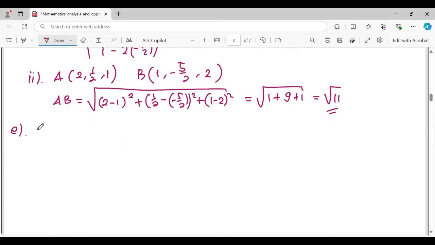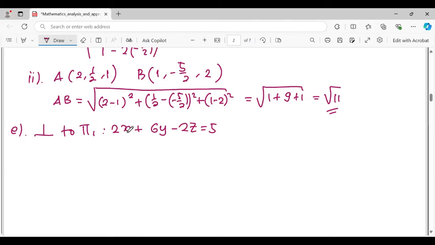Okay, E. So the information says perpendicular to pi 1, which is 2x plus 6y minus 2z equals 5.